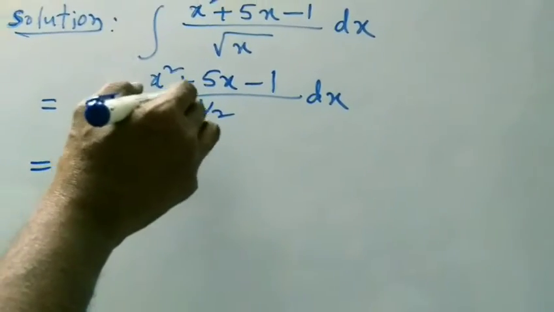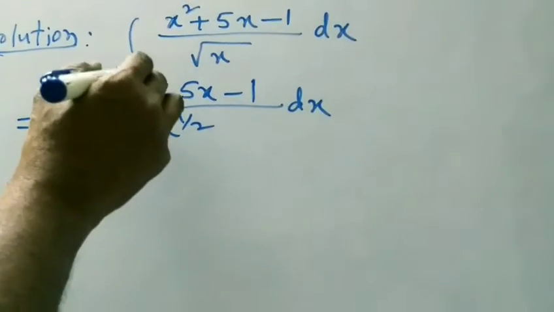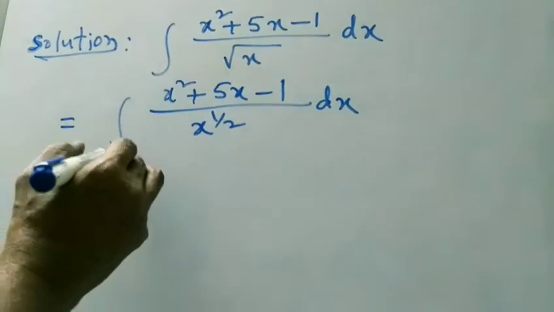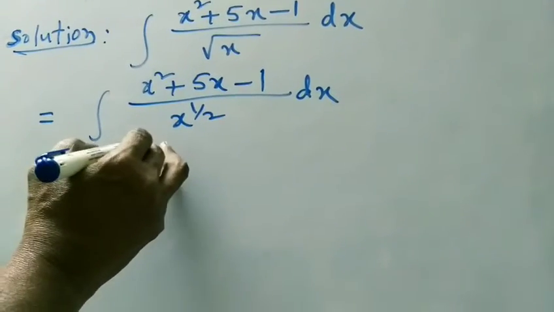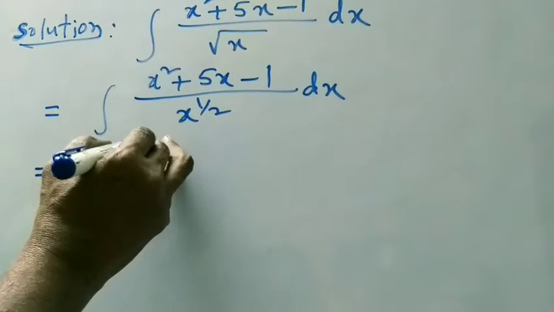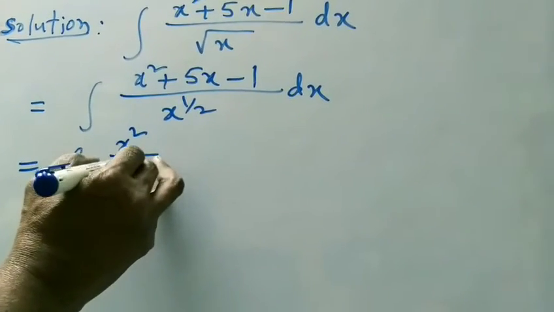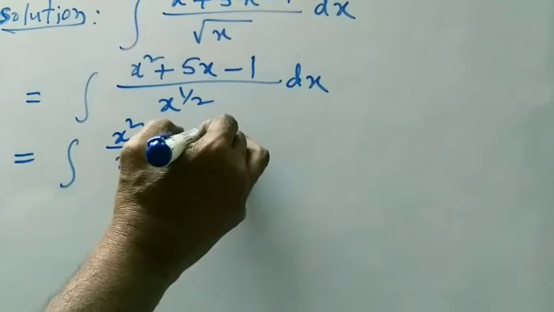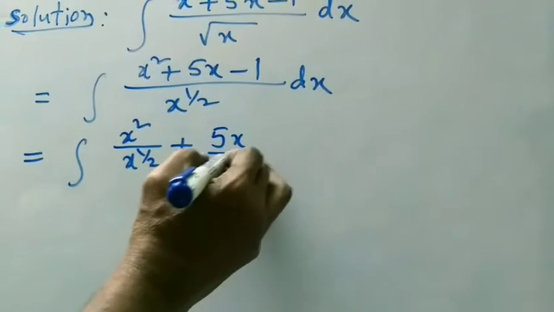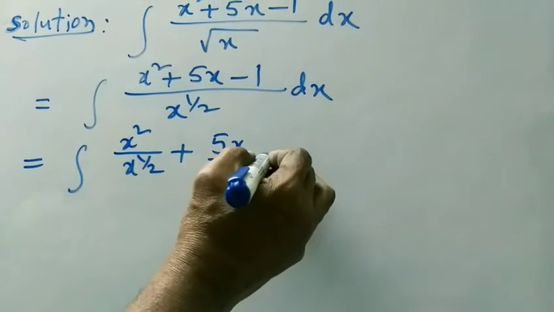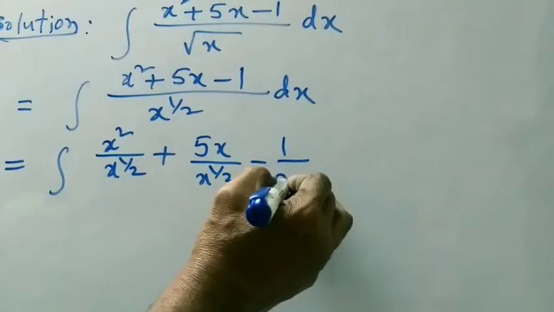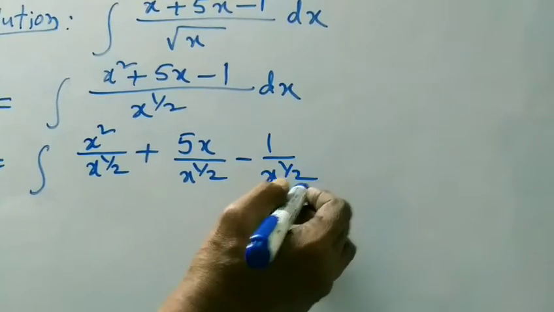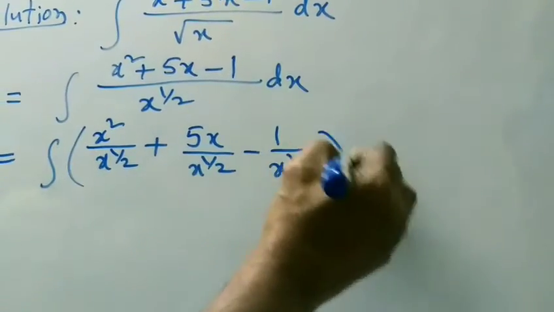We have to split it into terms, that is integral of x square by x to the power of 1 by 2 plus 5x by x to the power of 1 by 2 minus 1 by x to the power of 1 by 2 whole dx.